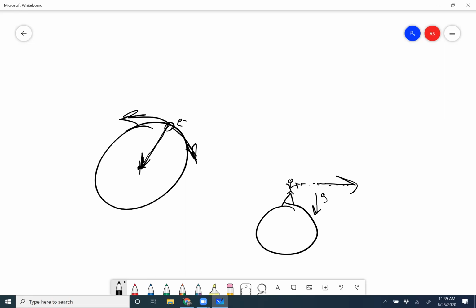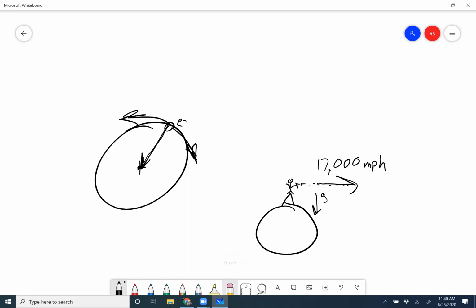But guns don't have that much energy, because what you need is about 17,000 miles per hour to be able to even just get into orbit around the Earth.